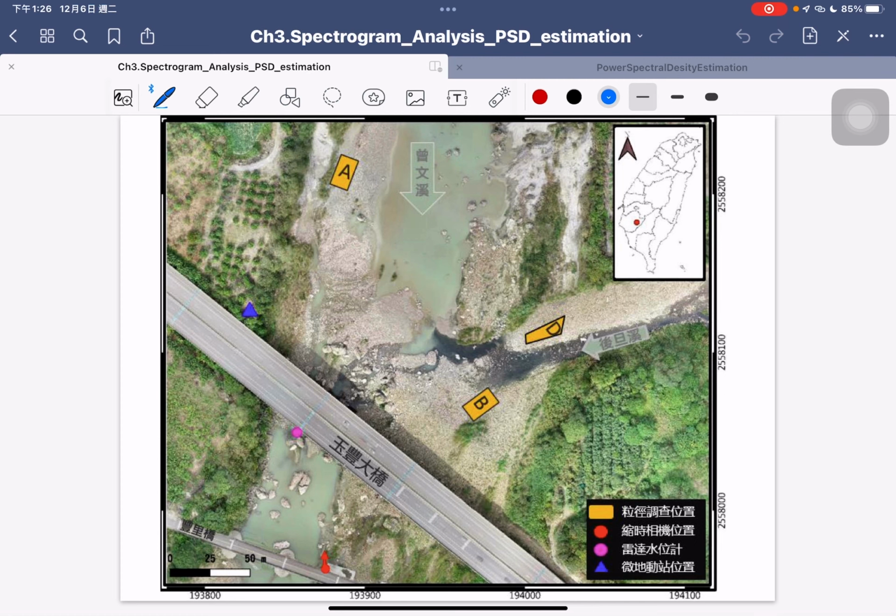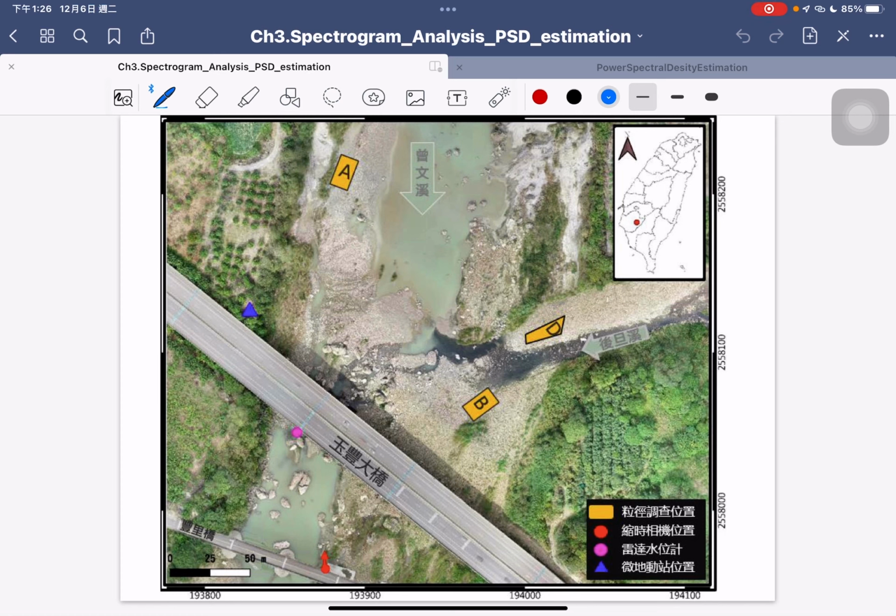And our data is from the seismic sensors. We put the seismic sensor here, as the triangle shows, just on the right bank of the river channel.